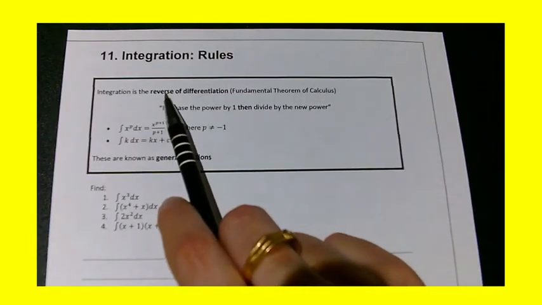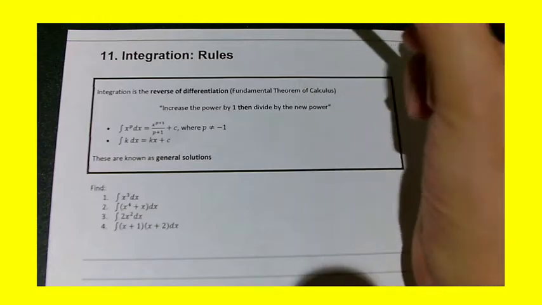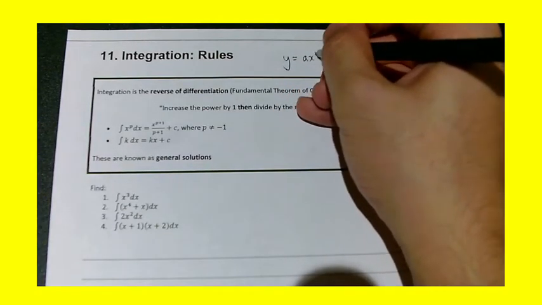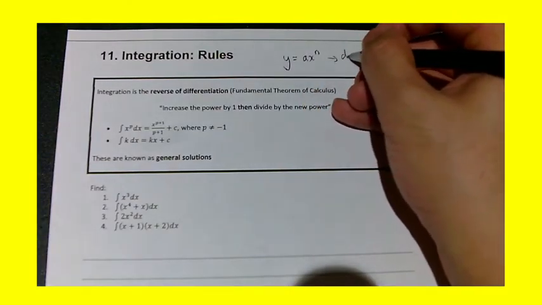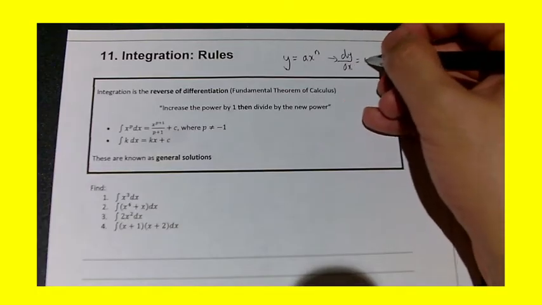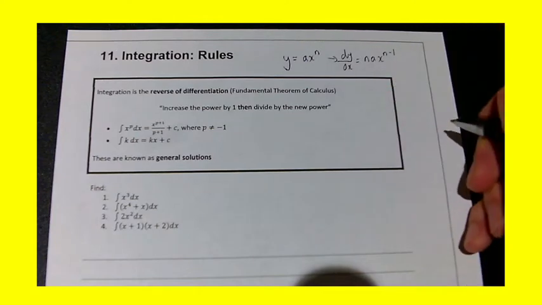So what is integration? Well, integration is the reverse process of differentiation. And if you remember, when we differentiate ax to the n, the power n comes down and you subtract 1 from the power of n.